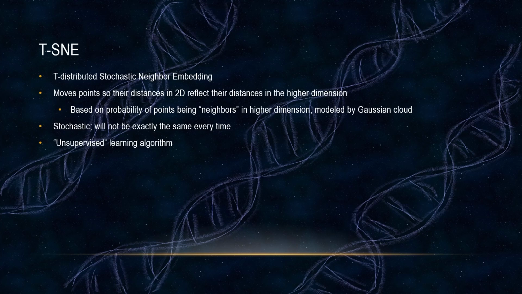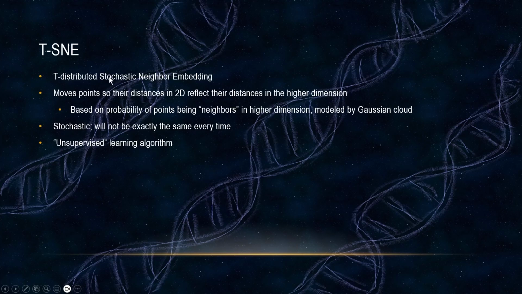So the axes don't really have a meaning, but the distances and the relationships of the different points do. The word neighbor in there means if they're neighbors in the 10-dimensional space, they're going to be neighbors in the 2-dimensional plot that we're making.